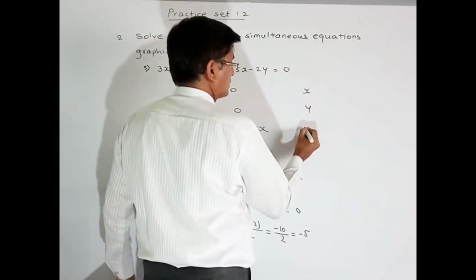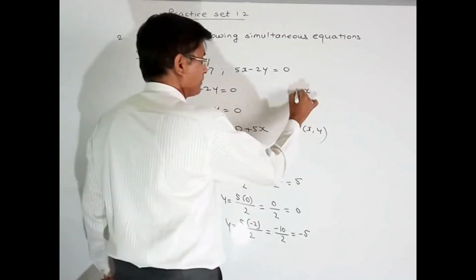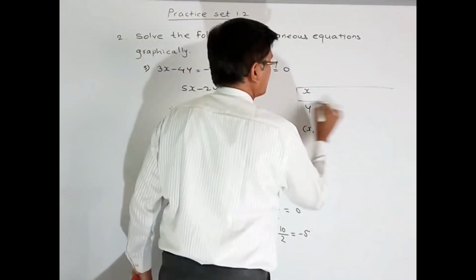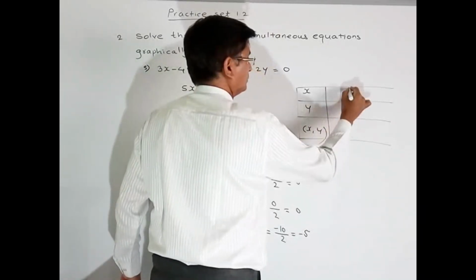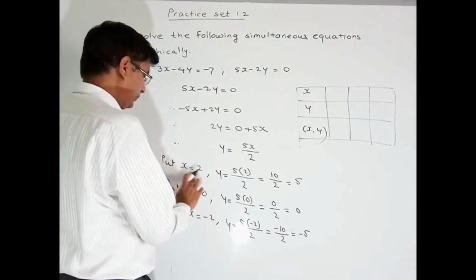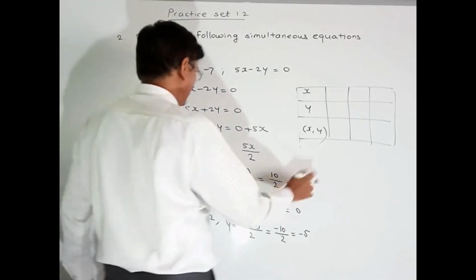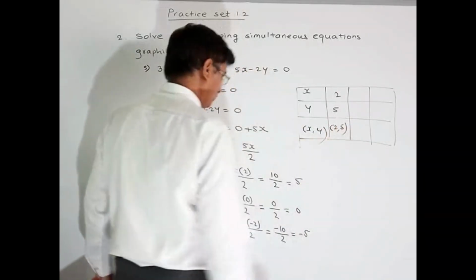The table is x, y, x comma y. Value of x is 2, value of y is 5. So the first ordered pair is 2, 5.